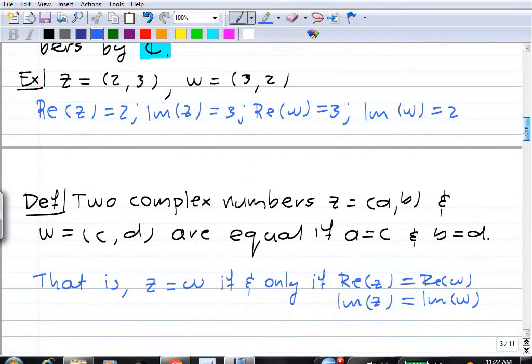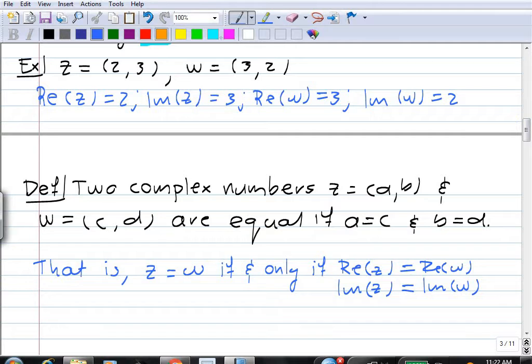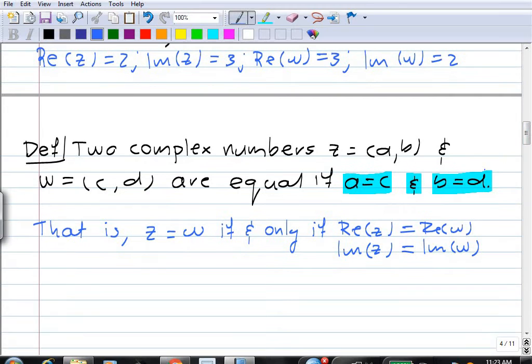In particular, we define equality of complex numbers as follows. Two complex numbers z and w, where z is (a, b) and w is (c, d), are equal if a is equal to c and b is equal to d. Another way of saying this is that z and w are equal if and only if the real part of z equals the real part of w and the imaginary part of z equals the imaginary part of w.